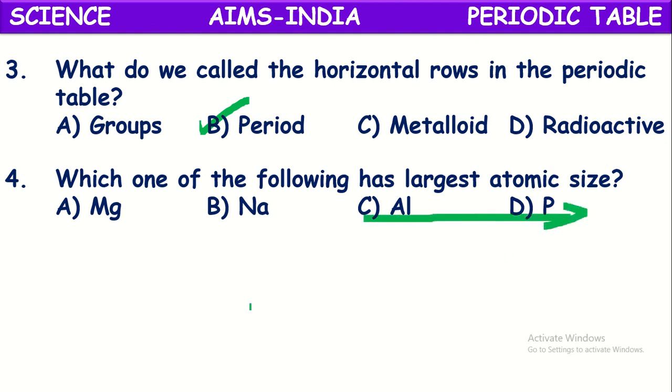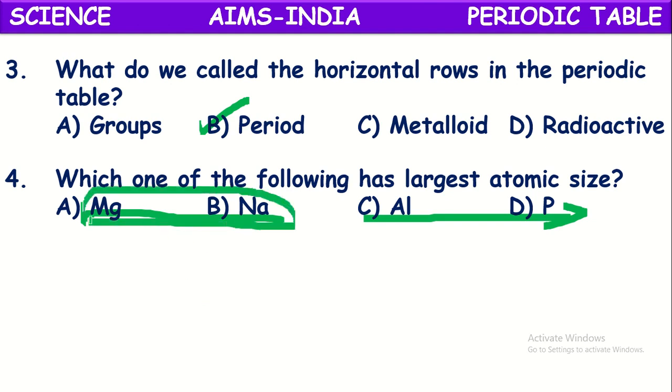We know in the periodic table, from left to right, size decreases for the elements. So right side elements have smaller size than left side elements. Now these two on the left will have the greater size.